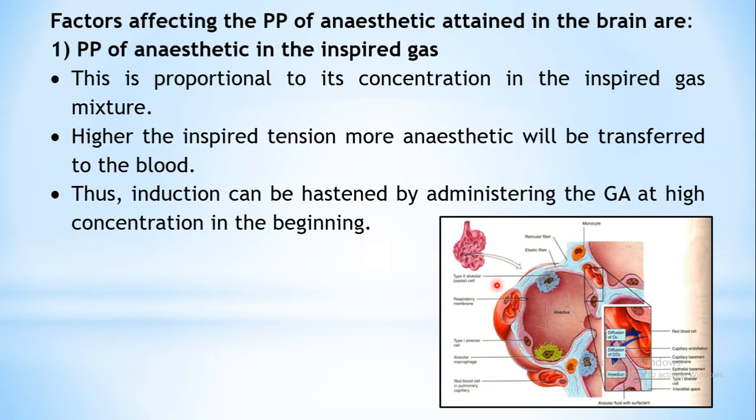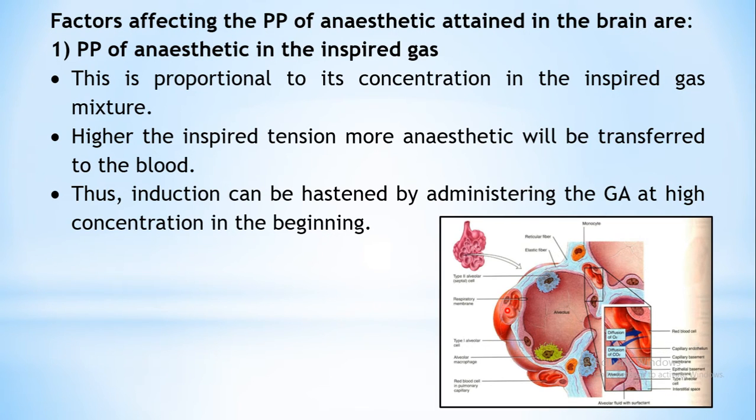These are all the blood vessels. Alveoli are highly supplied by blood capillaries, so exchange of gases will take place very effectively over here. Whenever there is high partial pressure of the anesthetic in the inspired gas, that is whatever you are inhaling, if it is administered in a very high proportion, then obviously the gradient will be very high.